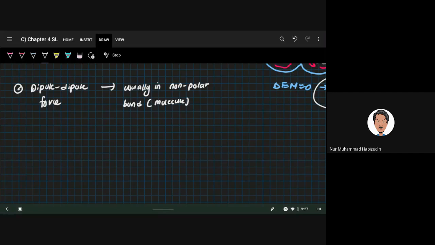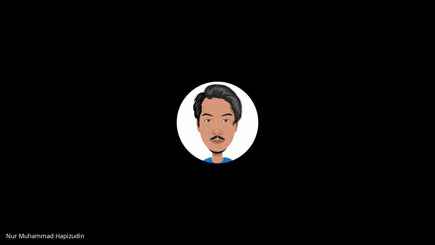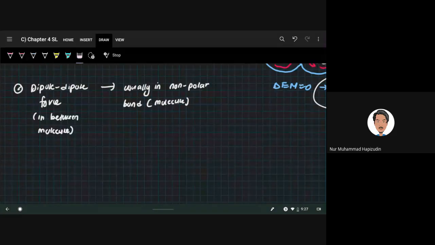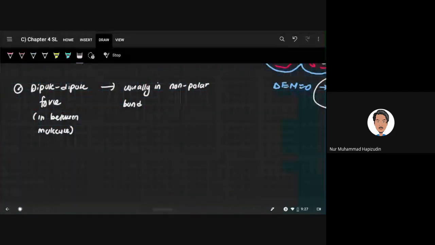If the molecule have non-polar bond, okay, it has dipole force. This is in between molecule. Okay, saya padam ni ya.